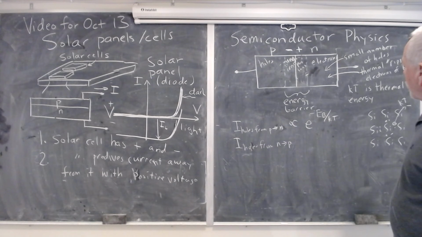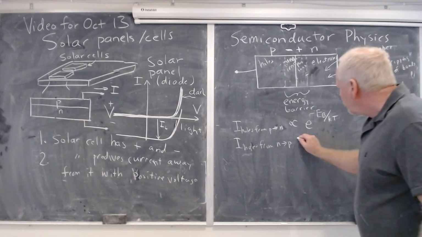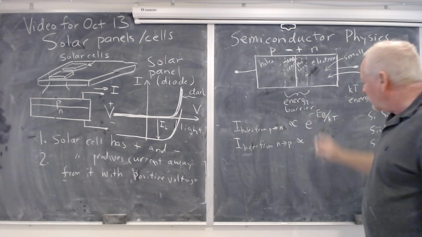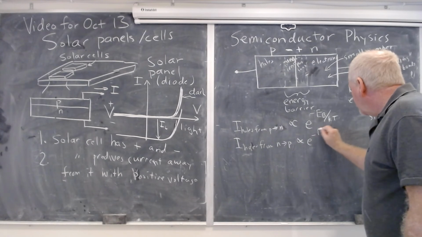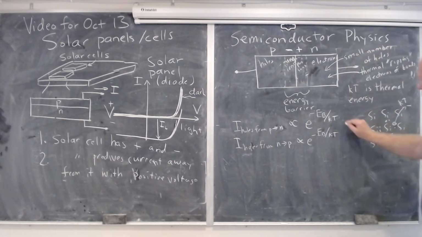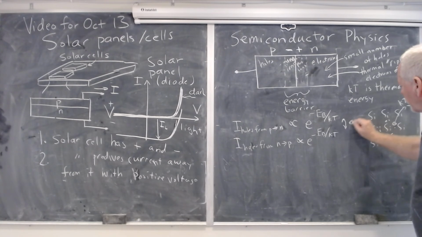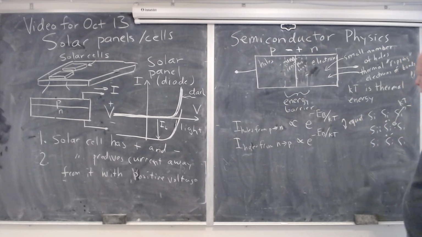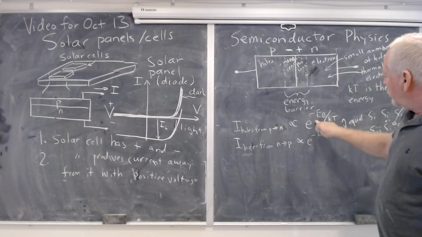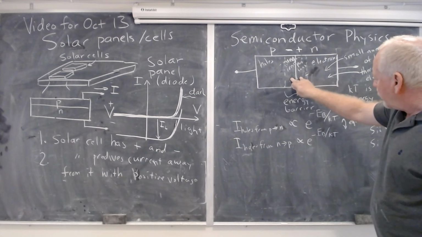Now, I said things are in equilibrium, and what that means is that the energy it takes to rip that electron off the bond has to exactly equal the barrier. And so these are equal. And you have holes moving this way, and their statistics are dictated by that barrier.